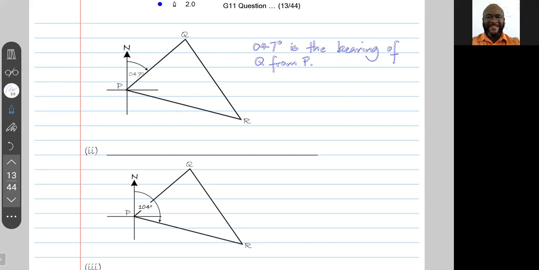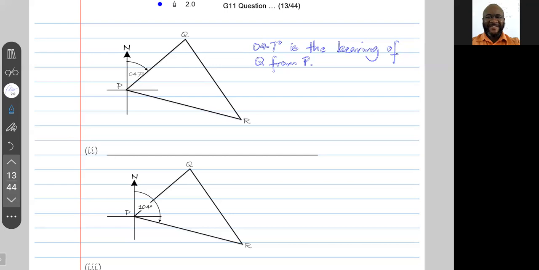Wherever I'm taking the bearing from, that is where your north, south, east, west line is drawn. The arc stops at the line connecting P and Q. So therefore, the angle, which is 47 degrees, is the bearing of Q from P.